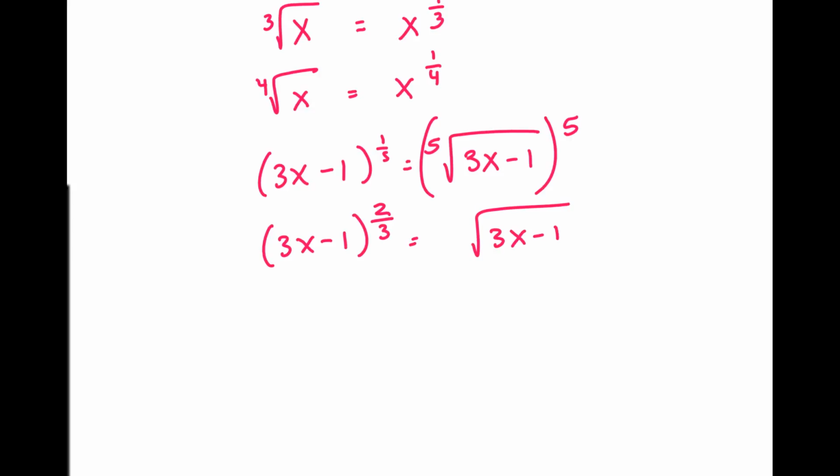So what did I do to the 1/5 to get this number? Flipping. I found the reciprocal of it, right? The reciprocal of 1/5 is 5. So what's the reciprocal of 2/3? 3/2. So you raise it to the power of 3/2 to get rid of it. You raise it to the reciprocal.